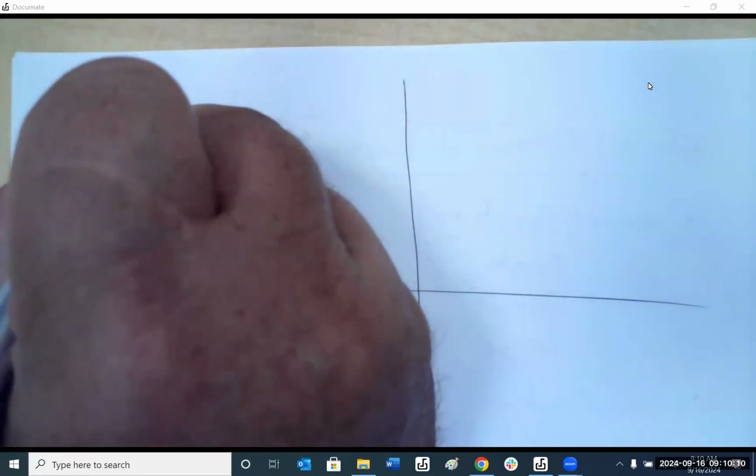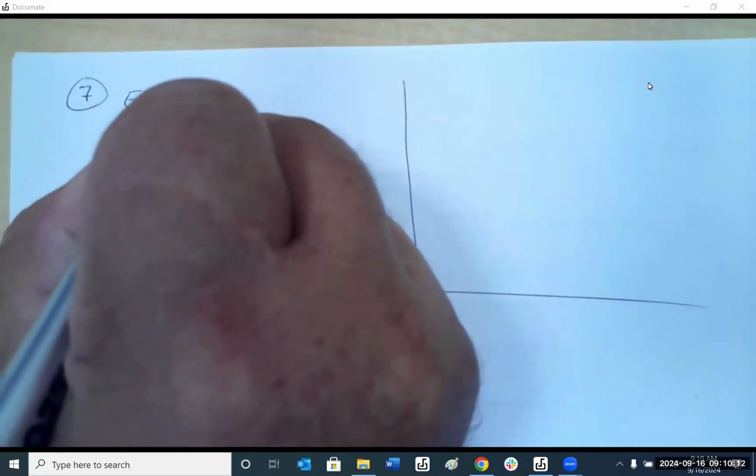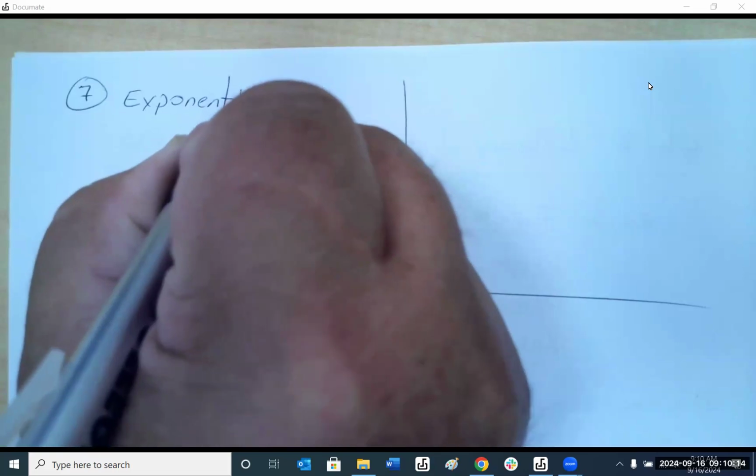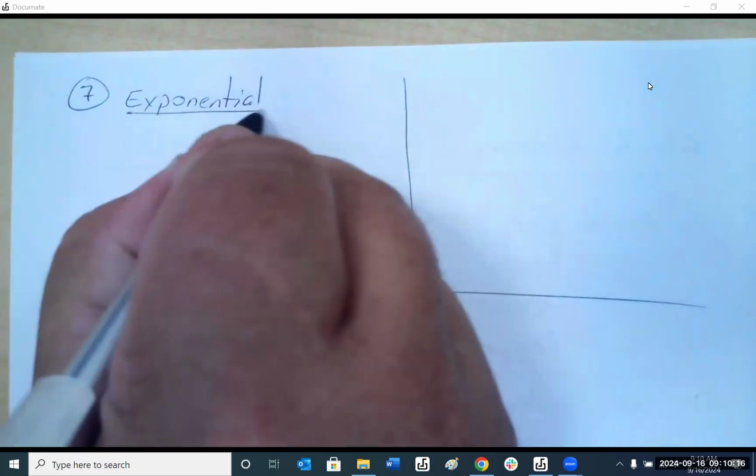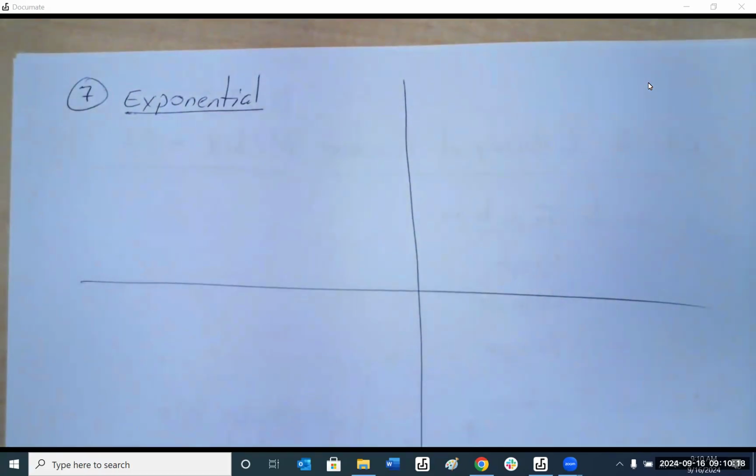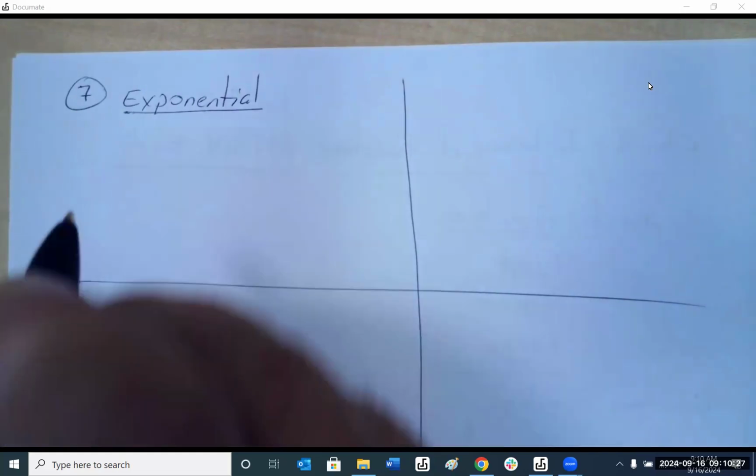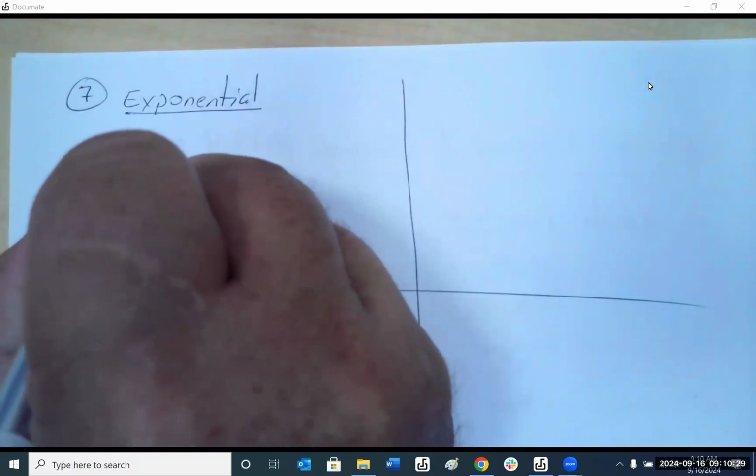Example 7. These are called exponential functions. These next two are the whole concept of chapter 5. An exponential function looks like this.